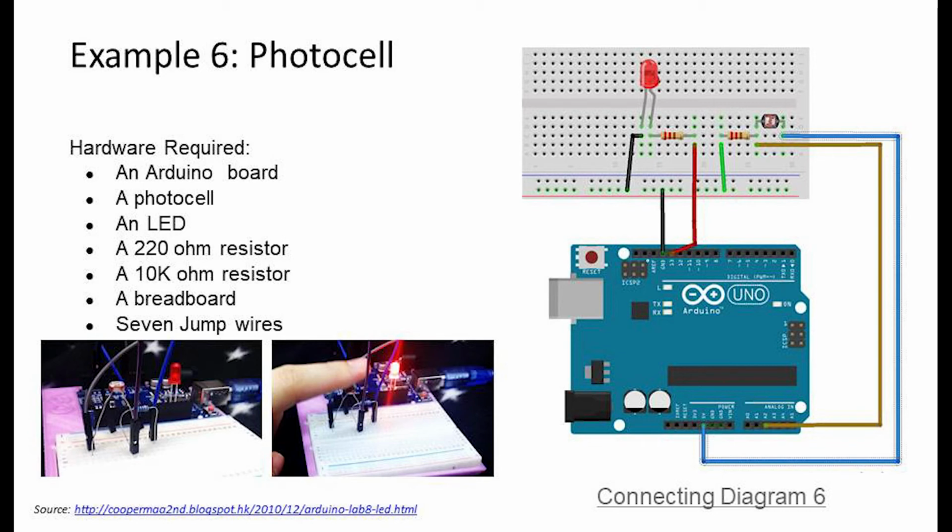The pictures on the left show that when the photocell is not blocked and there is light shining on it, because of the low resistance of the photocell, the LED is programmed to be switched off. When the photocell is blocked by a finger and there is no light reaching it, the resistance will be high, and the LED is programmed to switch on.